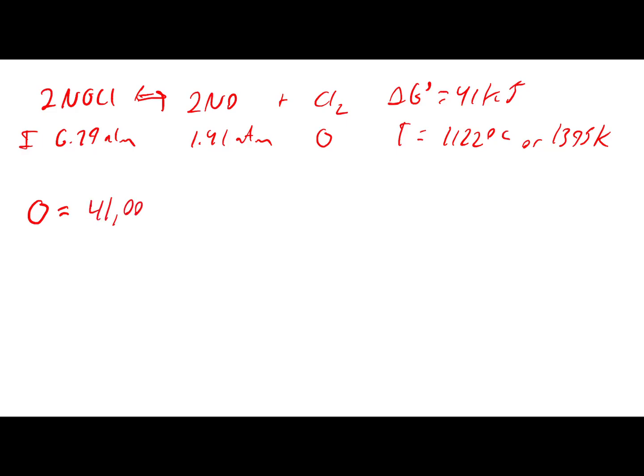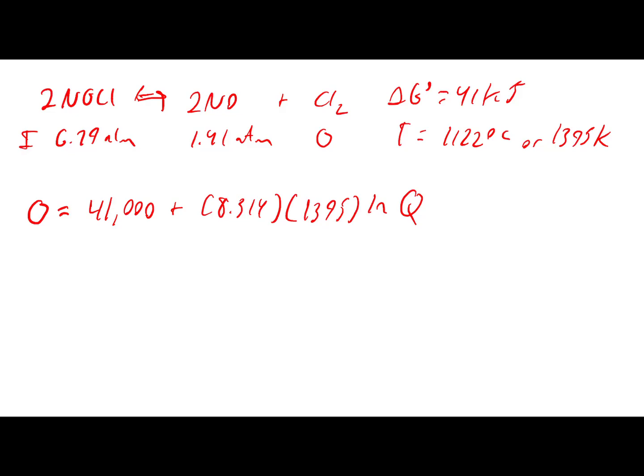I'm going to change it to joules and go 41,000 joules, plus R, which is the gas constant, 8.314, times T in Kelvin, which is 1395, times the natural log of Q, which is the reaction quotient. We want to find out what Q has to be for this to be at equilibrium. In other words, for delta G to equal 0.